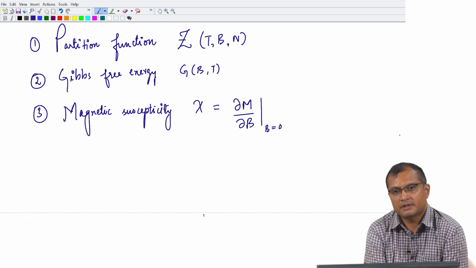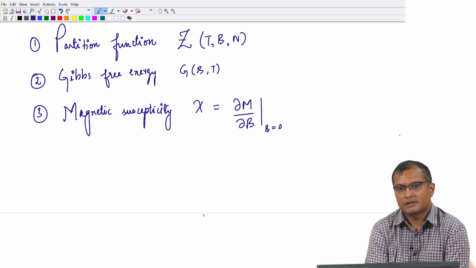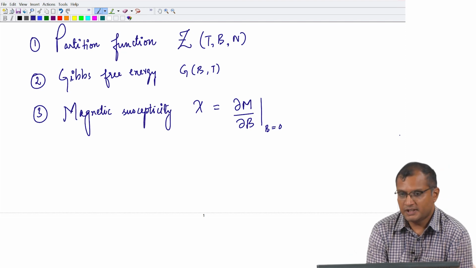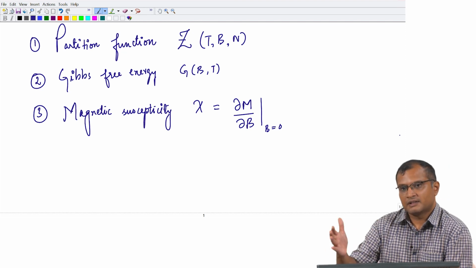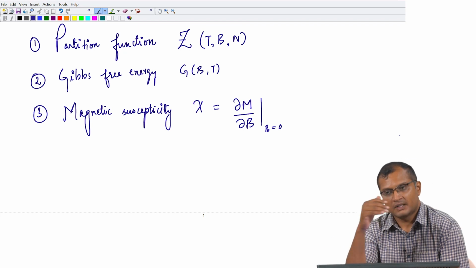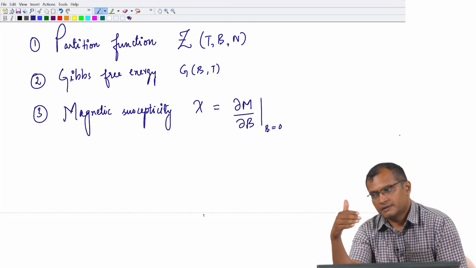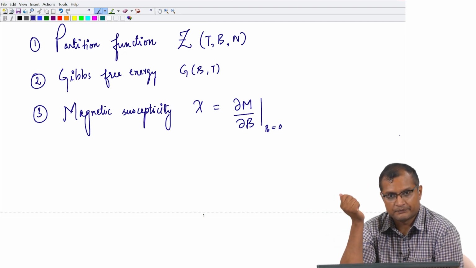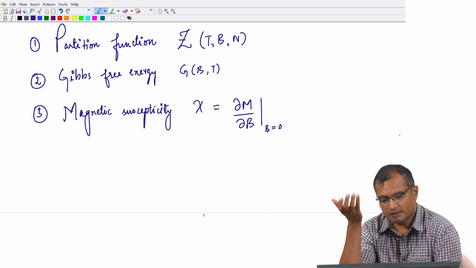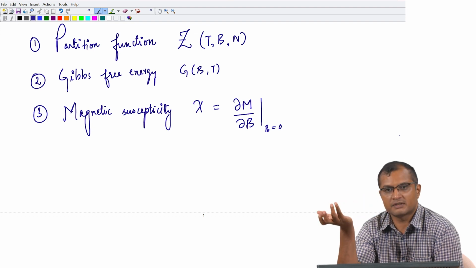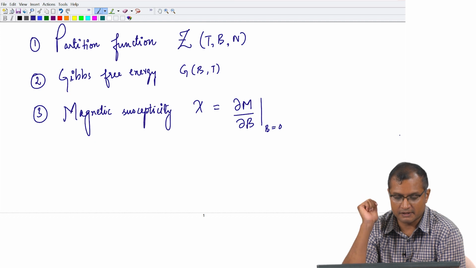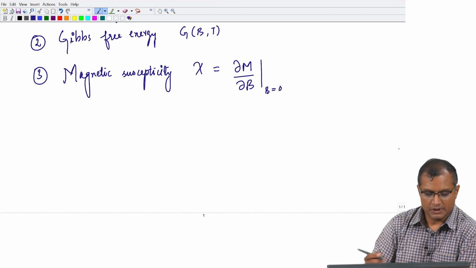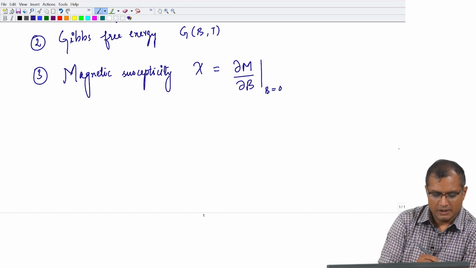You could only keep temperature fixed by allowing an exchange of energy with the reservoir. So, the fluctuations of energy with the reservoir was directly shown to be related to the heat capacity at constant volume. So, in some sense our susceptibility is also a measure of fluctuations in the magnetization, and it will be nice to compute this quantity.